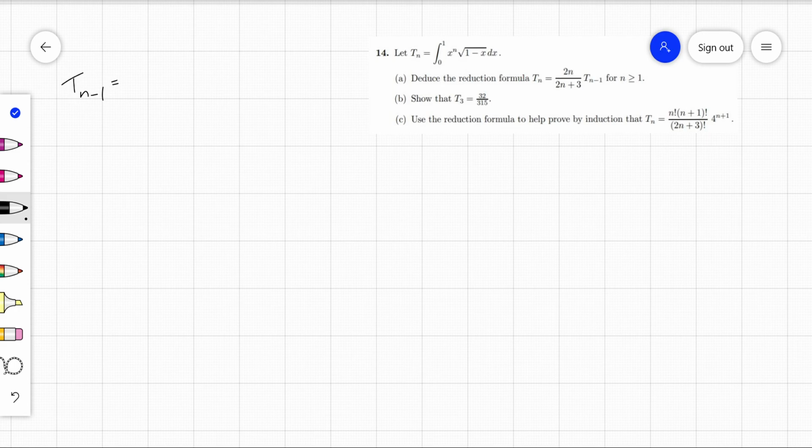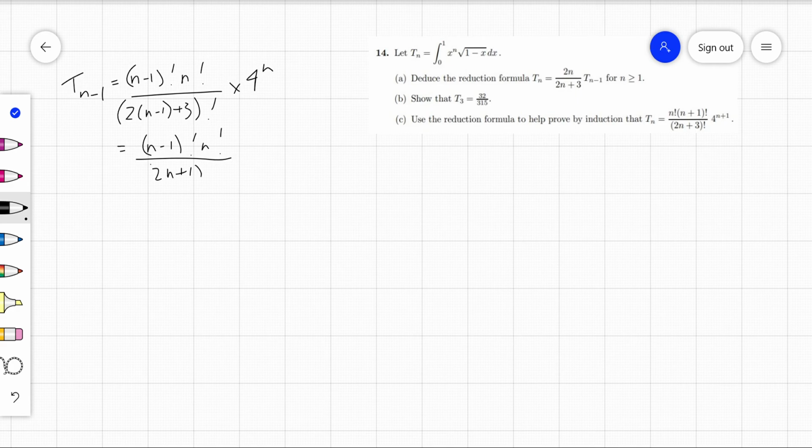From our formula, for t of n minus 1, it should be n minus 1 factorial, n factorial on 2n minus 1 plus 3 factorial times 4 to the n. So we've got n minus 1 factorial, n factorial. This will end up being 2n plus 1 factorial times 4 to the n.